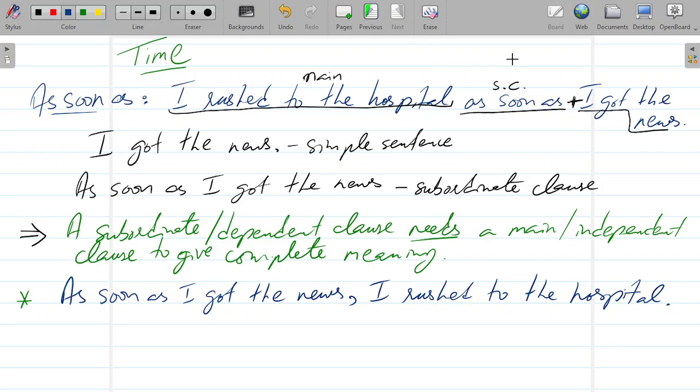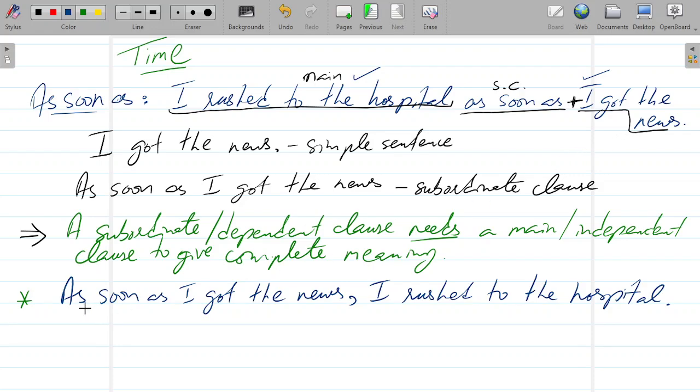So I can have the main clause come first and then the subordinate clause with the subordinating conjunction, or I can start with the subordinating conjunction and bring in the main clause later. What's the difference? First of all, as you can see, I rushed to the hospital as soon as I got the news is just one sentence going on, with no punctuation in between.